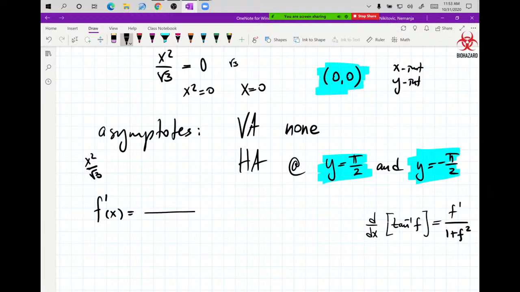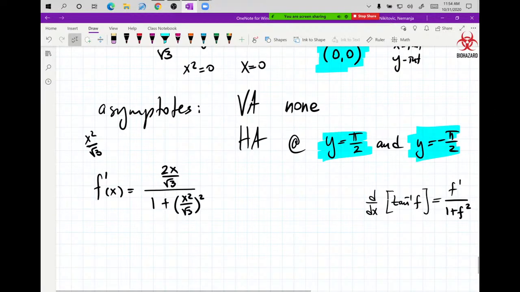So I have 1 plus x squared over root 3 squared, plus the derivative of it, which is 2x over root 3 on top. You have 1 over root 3, that's a constant. You copy that, and the derivative of x squared is 2x.